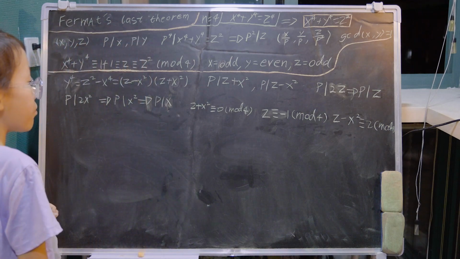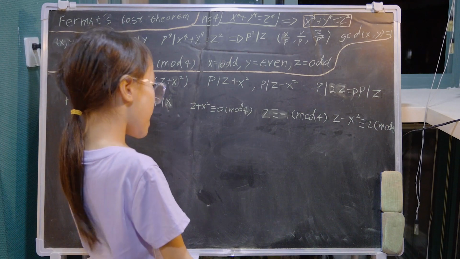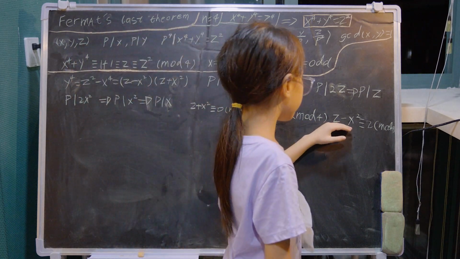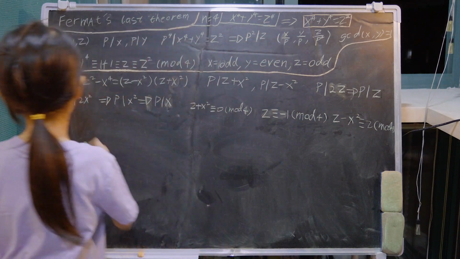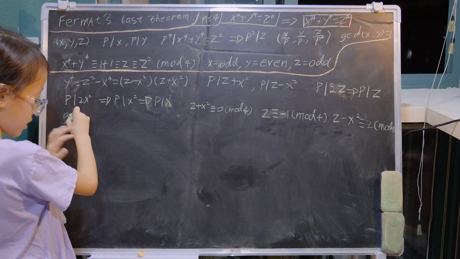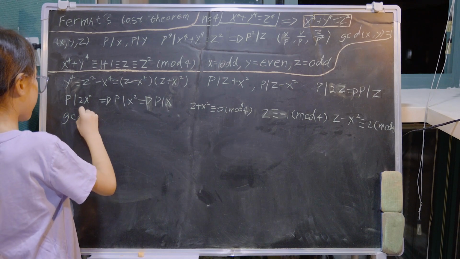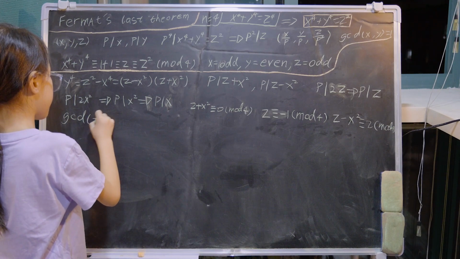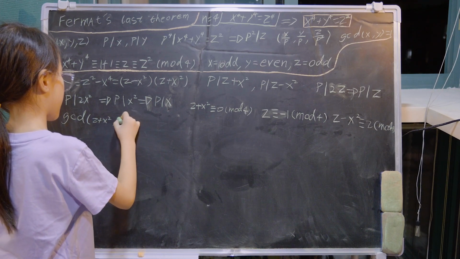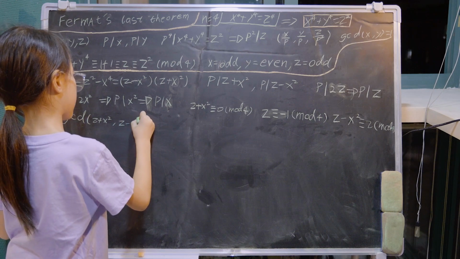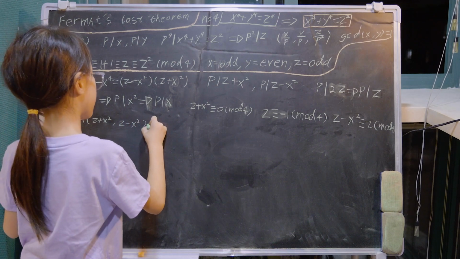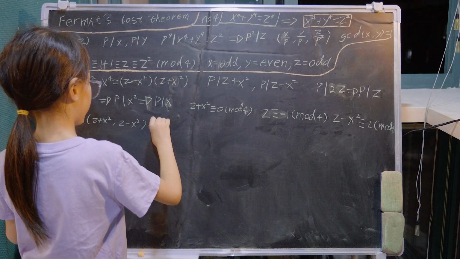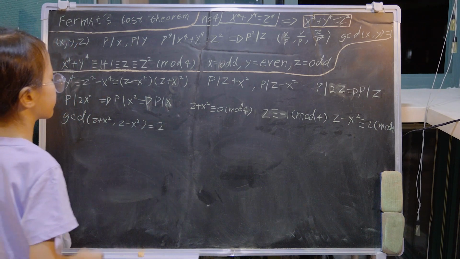So that tells us z plus x to the 2 and z minus x to the 2 are not relatively prime. The greatest common divisor of z plus x squared and z minus x squared is equal to 2.